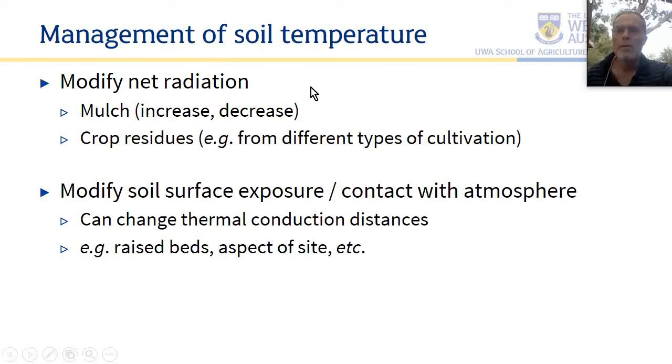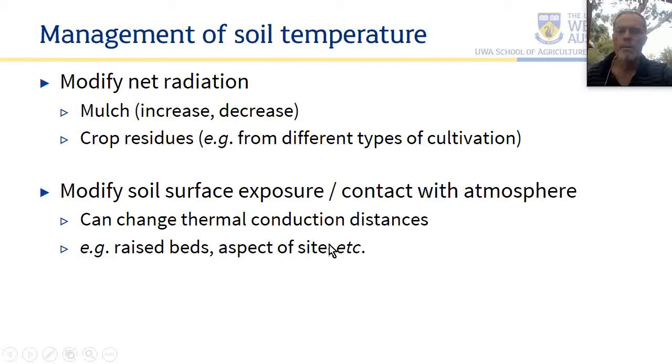Okay, so we can apply things that change the albedo or create shading, for example, mulches and crop residues. Or we can change the amount of soil surface that's exposed. That means we change the distances required for thermal conduction, maybe increase or decrease depending on which technique we use.